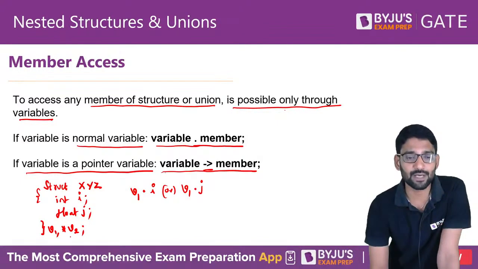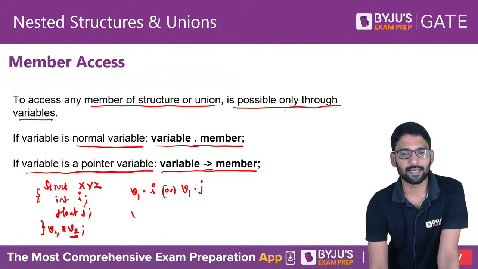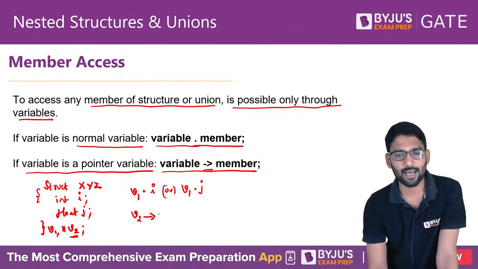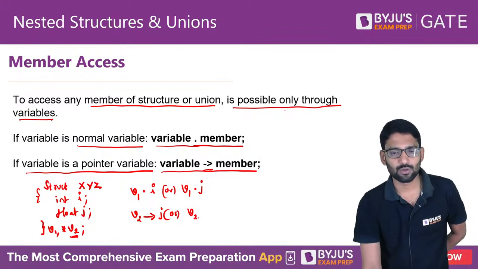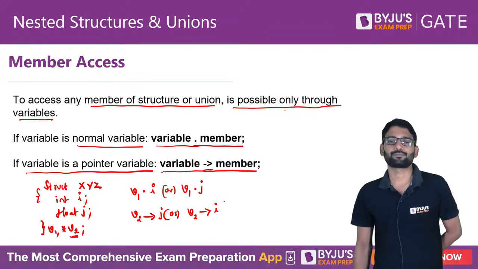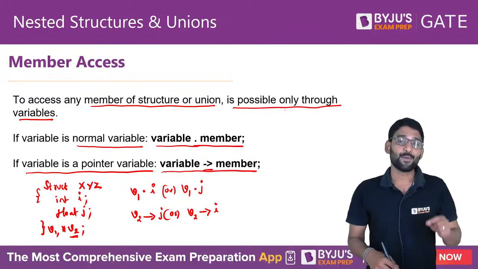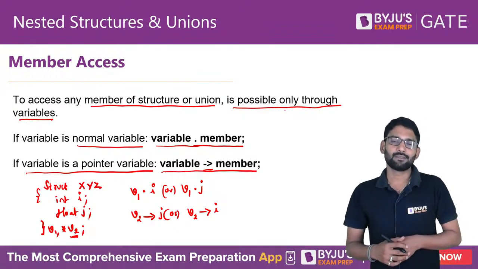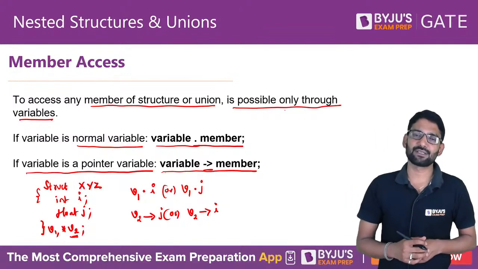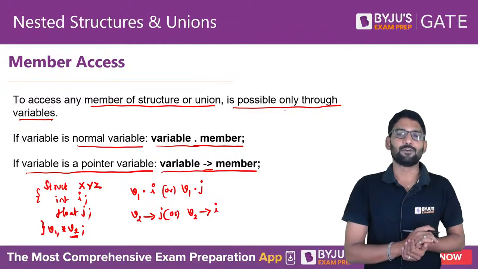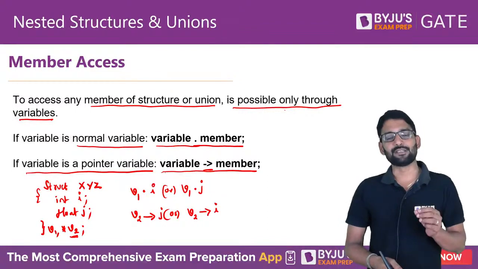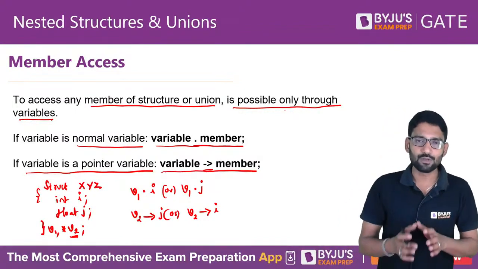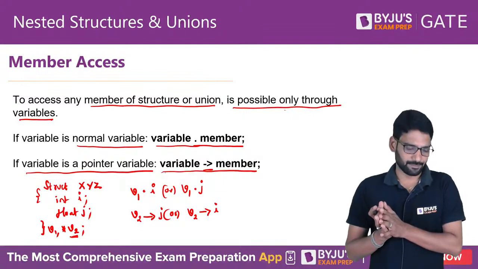And if I would like to access through v2, then I can access it as v2 arrow i or v2 arrow j, because v2 is a pointer variable. Got it? What does this member access mean? If it is a normal variable, we use the dot operator. If it is a pointer variable, we use the forward arrow operator.